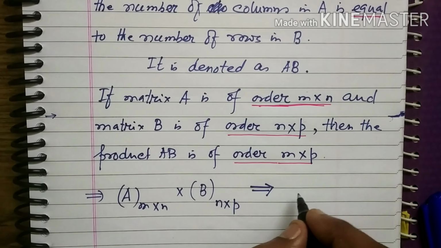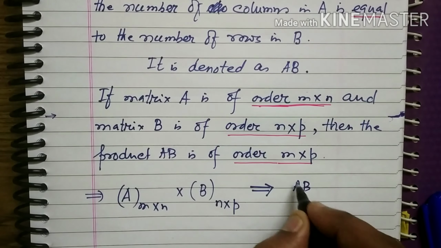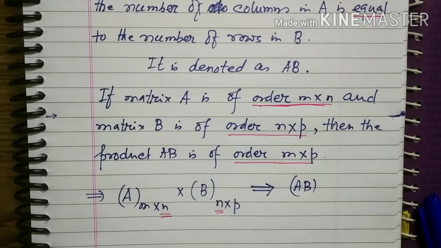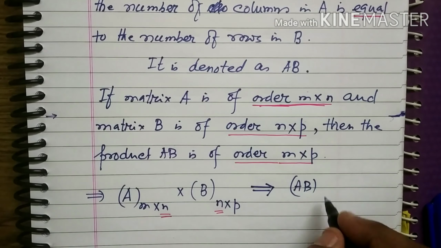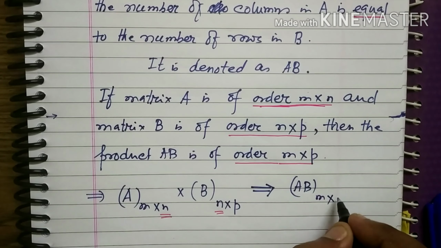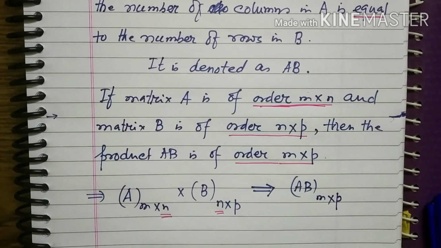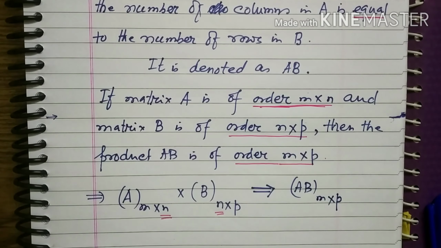Then for AB, these two are the same. Which ones are left? M and P.